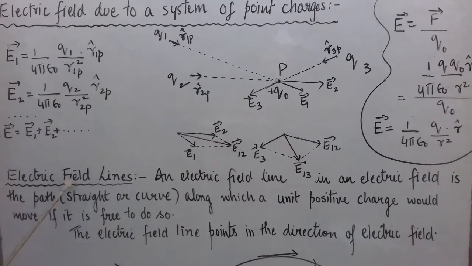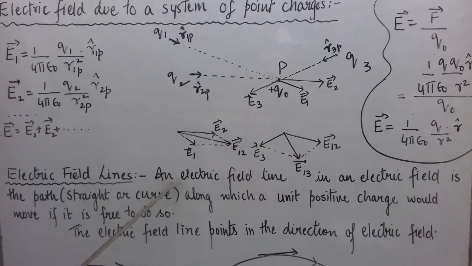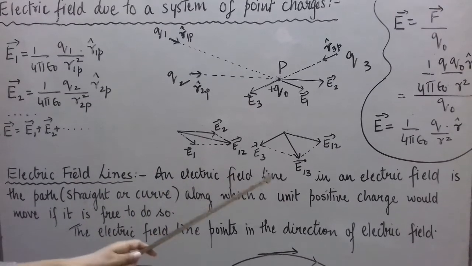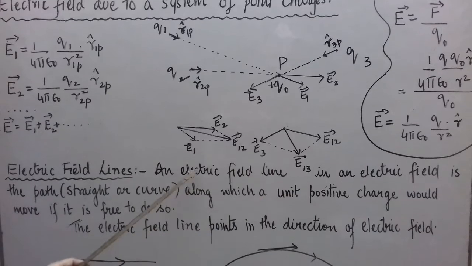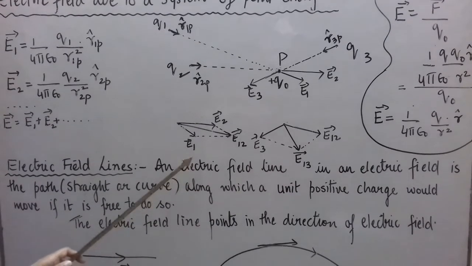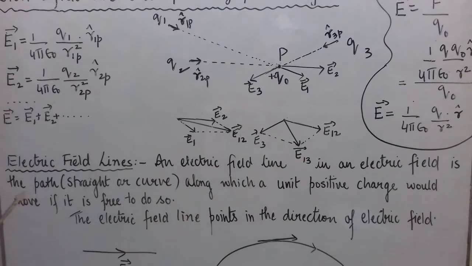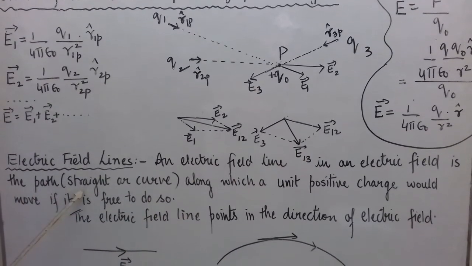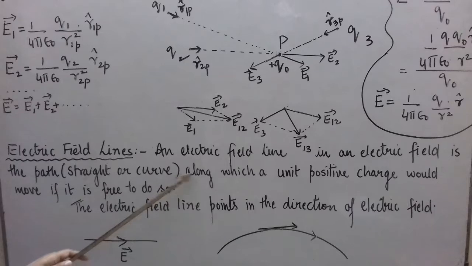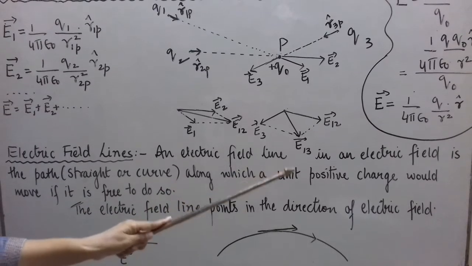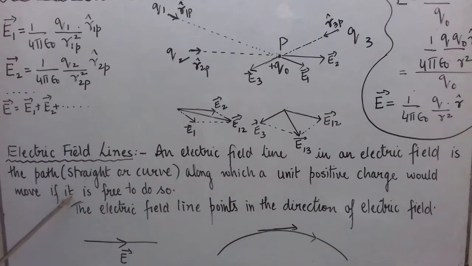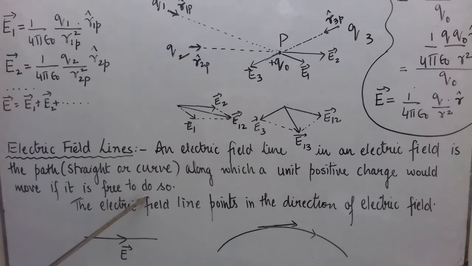Now what is an electric field line? An electric field line is used to represent electric field. So an electric field line in an electric field is the path, which can be straight or curved, along which a unit positive charge would move if it is free to do so.